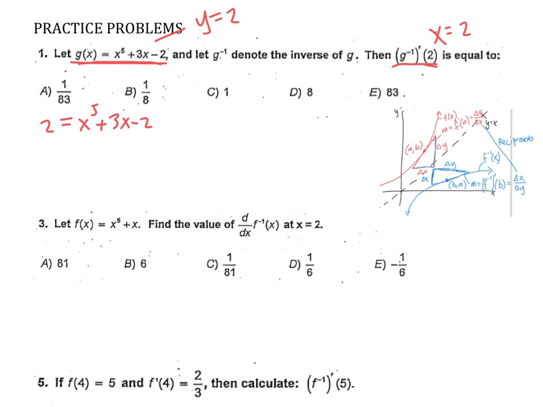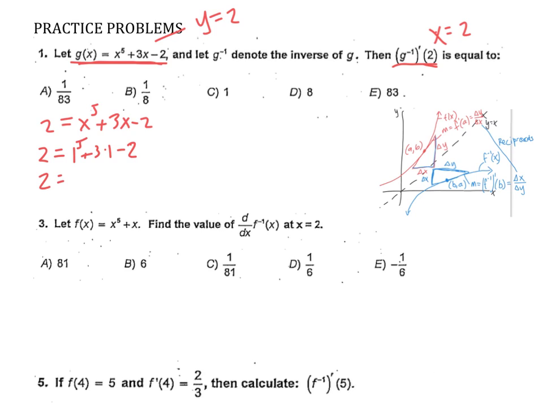So let's talk here for just a second. It's kind of hard to solve this explicitly for x. You probably need to use a calculator to do this. But you can just think about it for a minute, and if you try out a few x values, like let's just try x equals 1, and see if that makes this equation true. So I get 2 is equal to 1 to the fifth plus 3 times 1 minus 2.